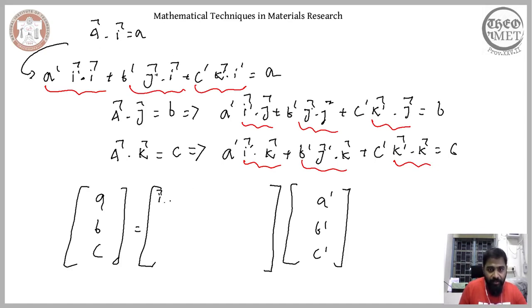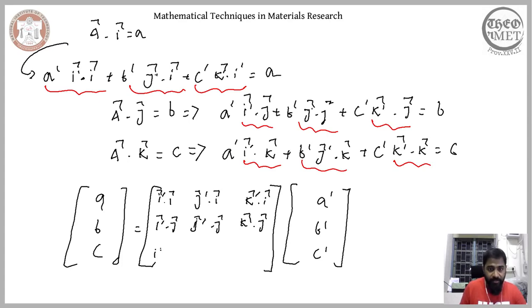So in this case I will have i vector dot i vector, or i prime vector dot i vector, j prime vector dot i vector, k prime vector dot i vector. Now in this row I will have i prime vector dot j vector, j prime vector dot j vector, k prime vector dot j vector.